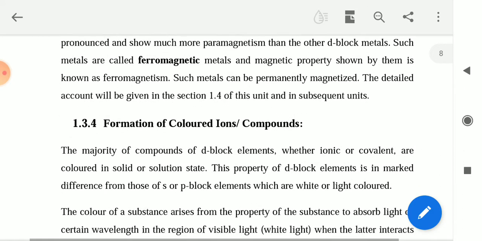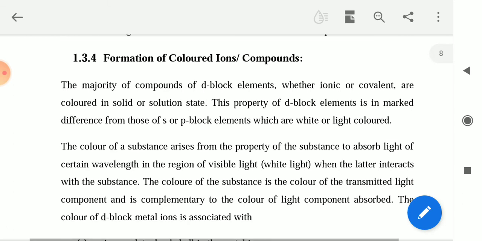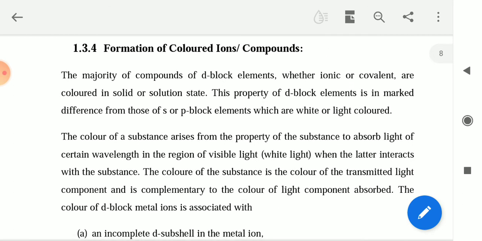The next is color: as we know, the transition metals show color by showing spectra. Later we will see what kind of spectra d block elements show; here we are just discussing the characteristics.